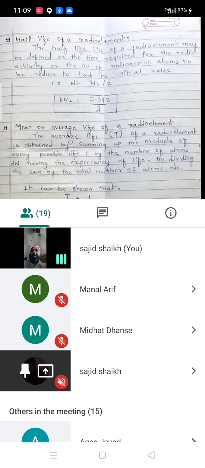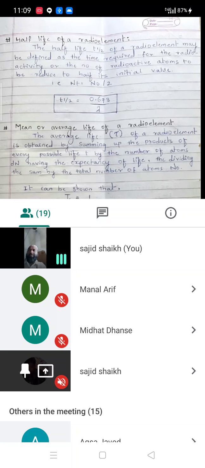It is nothing but the time required for radioactivity or the number of radioactive atoms to be reduced to half of its initial value. That is, Nt, the number of atoms present at a particular time, is equal to N0 by 2, means the initial number of atoms present divided by 2, their half. That's why T half is given by the equation 0.693 divided by lambda.